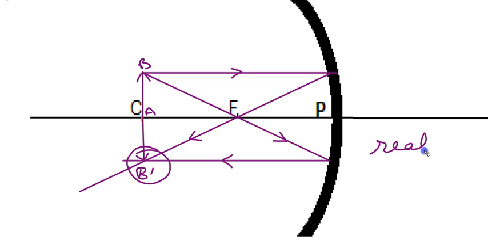So we can say image is real, number one. Then same in size, no difference, very important. And third one, image of course is inverted. Inverted means upside down. So these are the parameters which you must draw carefully.